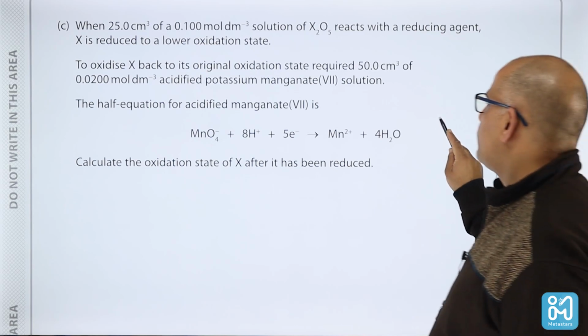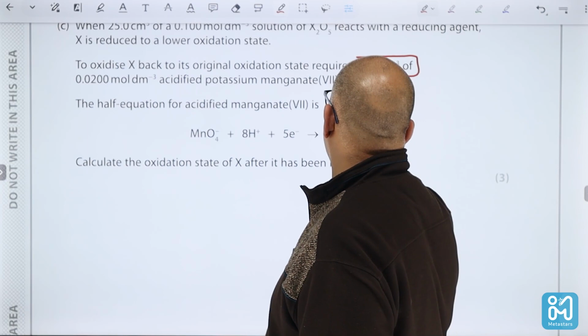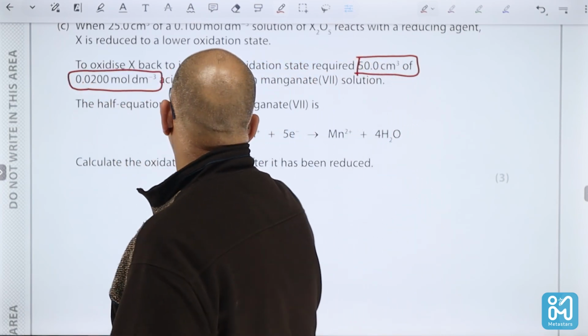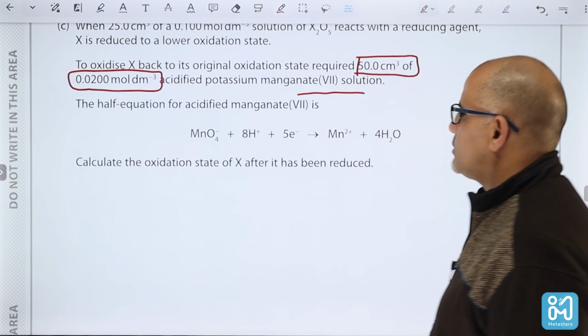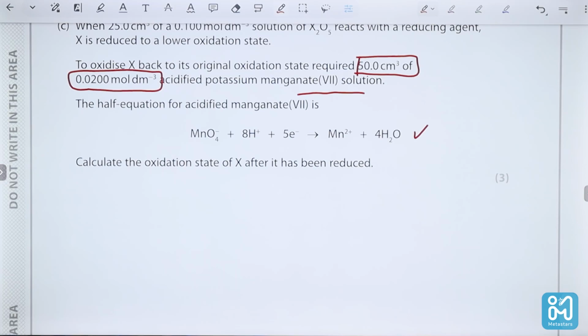So he gave you the concentration and the volume of the solution used in the titration. According to the equation, calculate the oxidation state of X after it has been reduced.